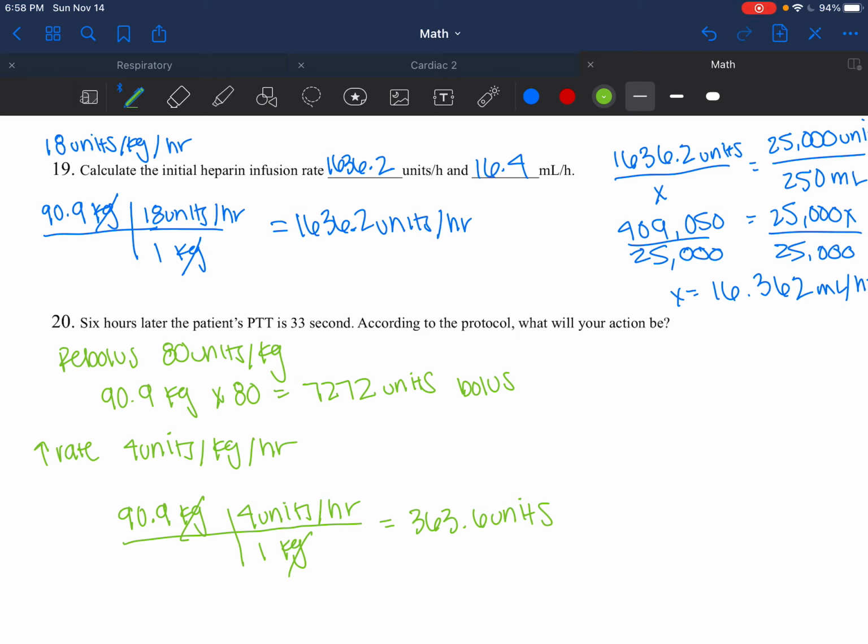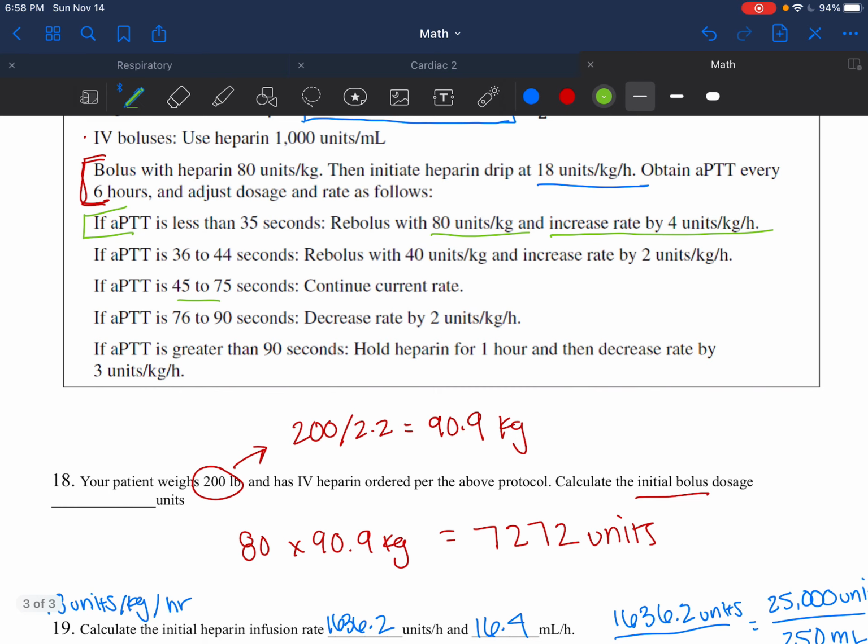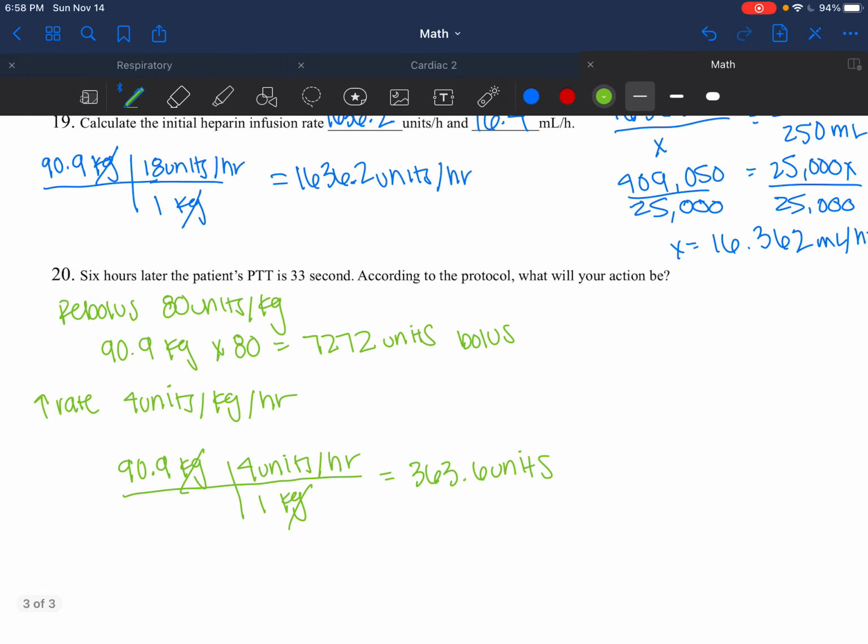And that's how much we're increasing by. But in order to increase it, we're going to do it in mils per hour. So we increase the rate by 4 units per kilogram per hour, which is 363.6 units per hour.